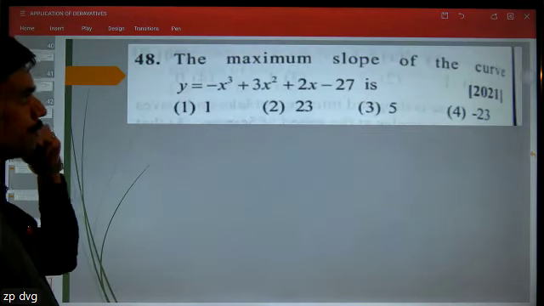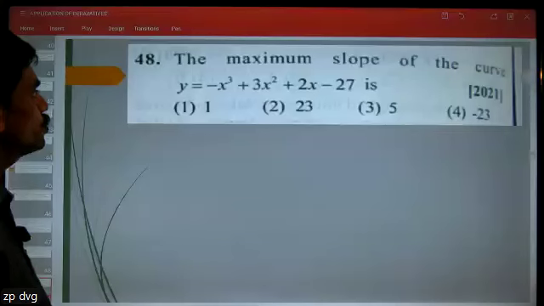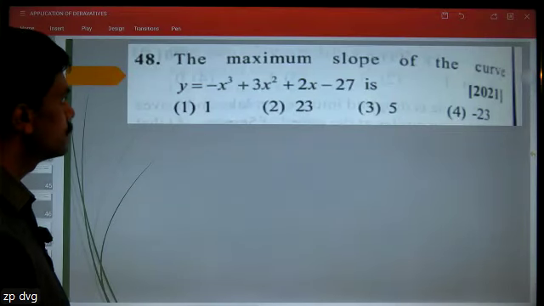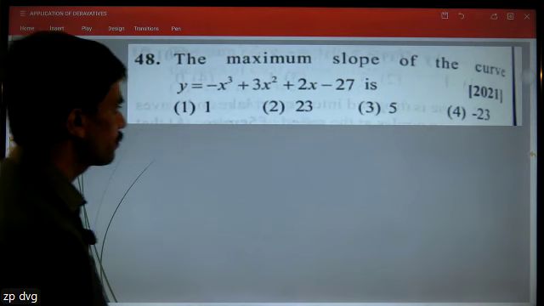The maximum slope of the curve y equal to x cube plus 3x square plus 2x minus 27 is. So here we have to find the maximum slope.